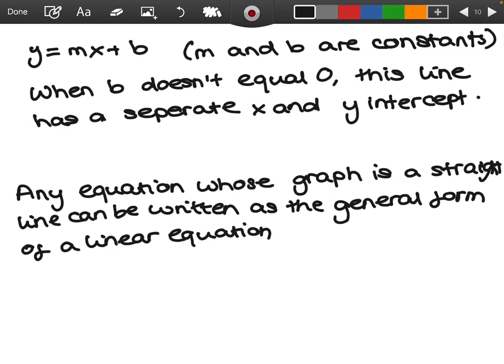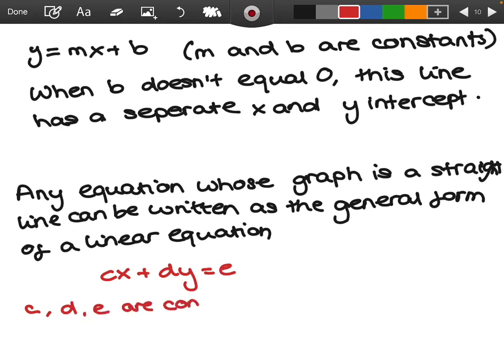The general form of a linear equation looks like cx plus dy is equal to e, where c, d, and e are constants. Obviously x and y depend on what points you have on the line.